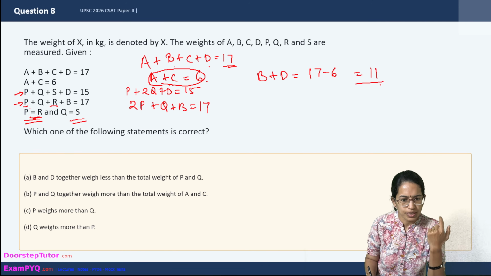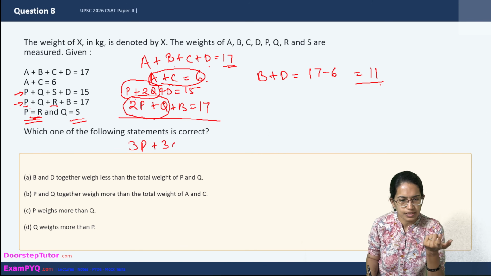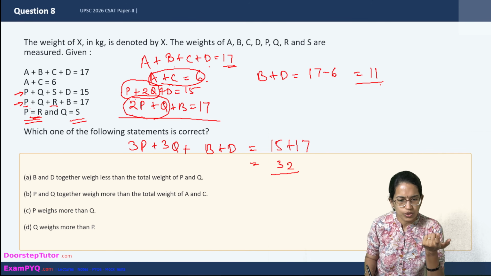Now I have B plus D also, and I have 2P plus 2Q and 2P plus Q here, right? So if I add these two statements, this would be 3P plus 3Q plus B plus D is equal to 15 plus 17, which makes it 32, right? So it would be 3P plus 3Q plus B plus D, I already know B plus D is 11.